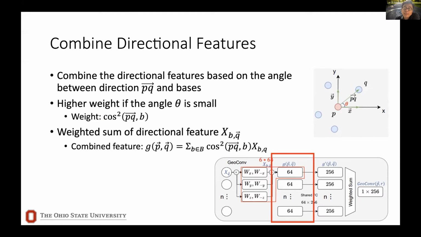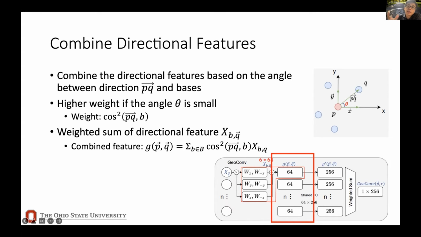That will be the weight used to perform a weighted sum of the 6 different 64-dimension vectors. So here, I convert the attributes of particle Q into 6 feature vectors, one corresponding to each dimension. I perform a cosine distance calculation, then I do a weighted sum.